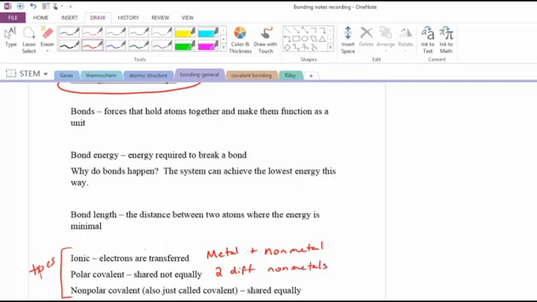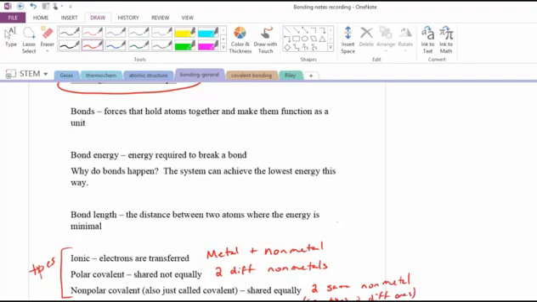And nonpolar covalent, which sometimes is just called covalent when they're shared equally. That's when you have two of the same non-metal. Sometimes when we have two different ones.